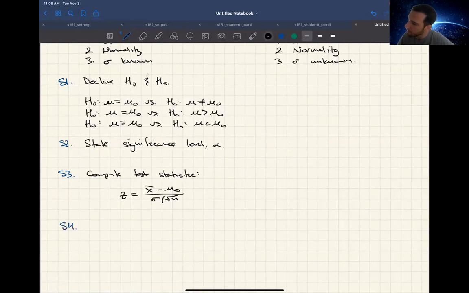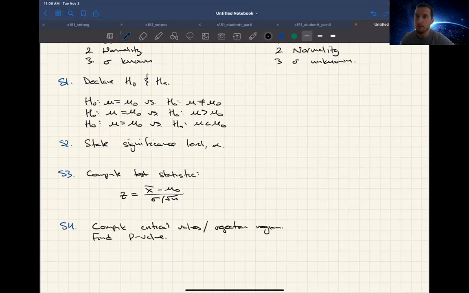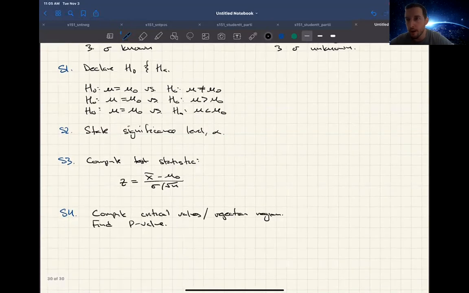On the fourth step, we take one of 2 approaches. We compute critical values and the rejection region, or we find the p-value. So we have two options for the fourth step.